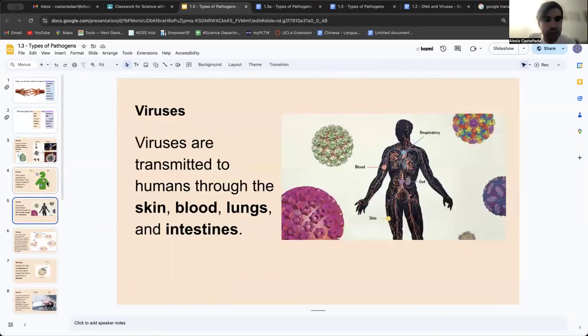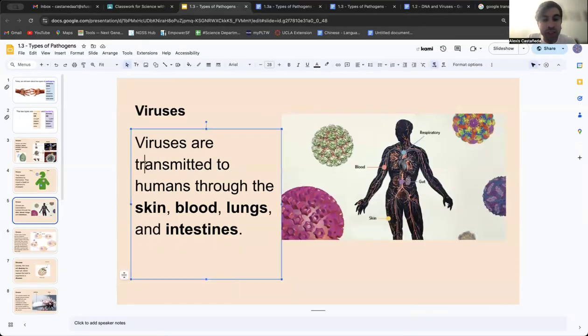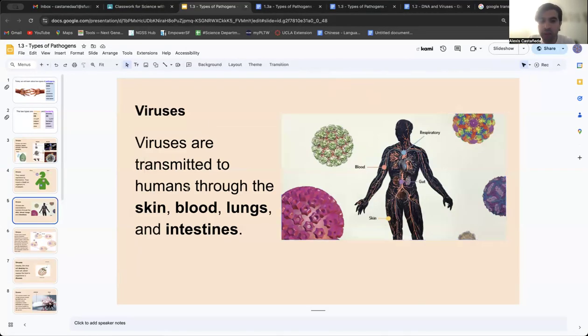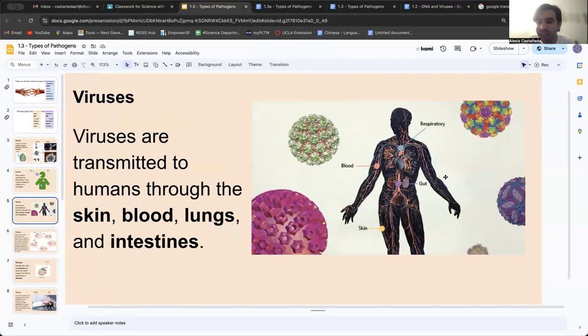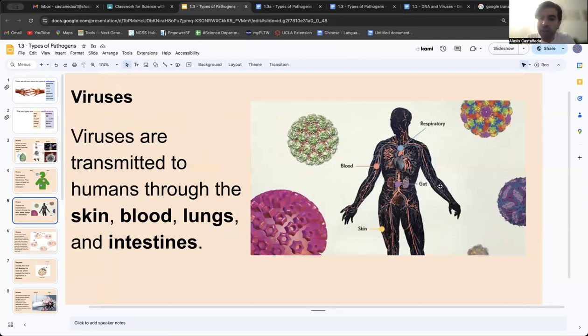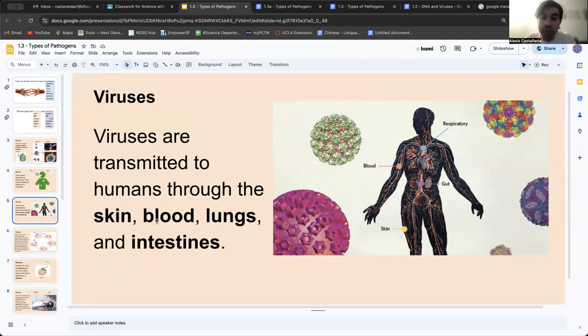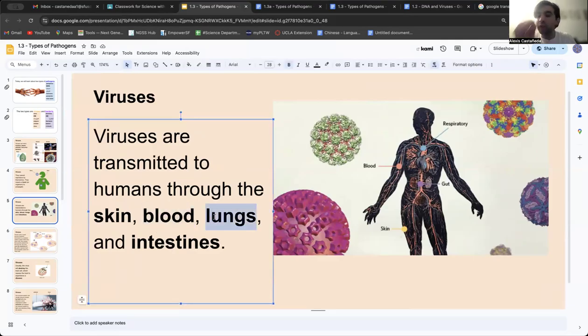It says here, if we go through the slides, viruses are transmitted to humans through the skin, blood, lungs, and intestines. When there are viruses like coronavirus, for example, if you have a cut on your skin, if you are bleeding, a virus can actually go in through your skin or through your blood, through your lungs. If you inhale a virus, like coronavirus was an infection of the respiratory system, of your lungs, you can breathe it in, and also your intestines.